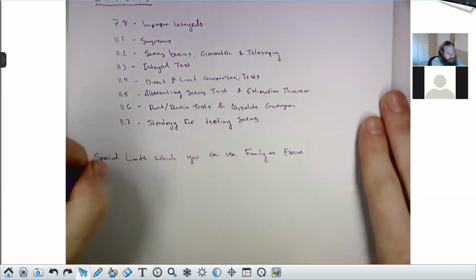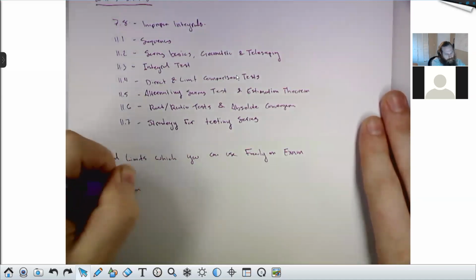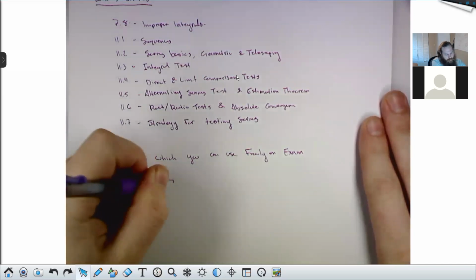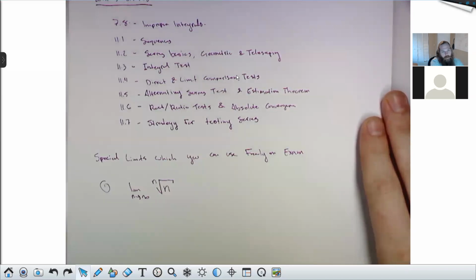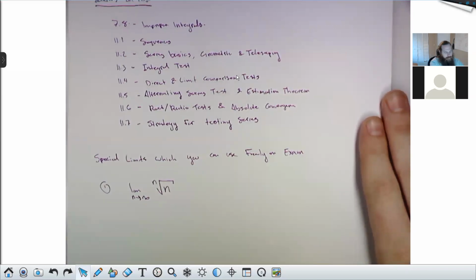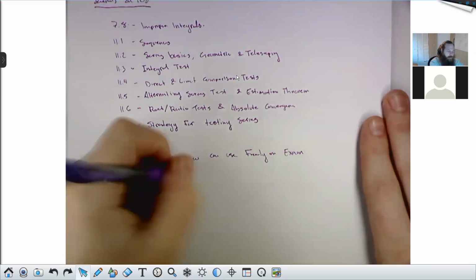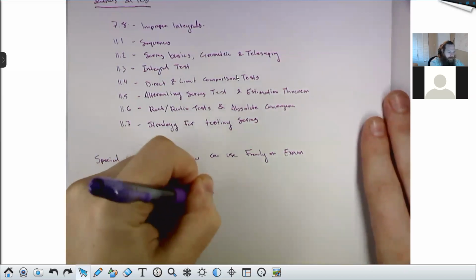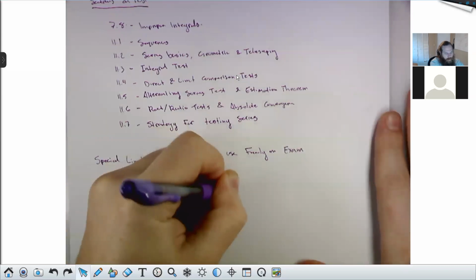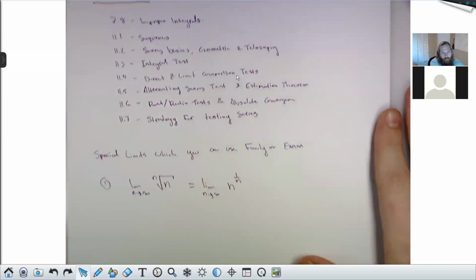So the first special limit, this shows up often enough in the root test. It's the limit as n goes to infinity of the nth root of n, which is also the limit as n goes to infinity of n to the 1 over nth power.